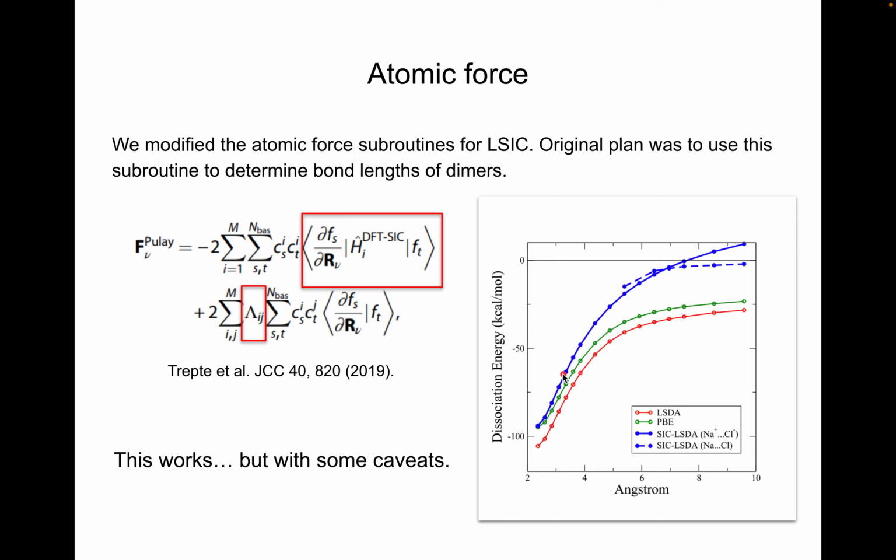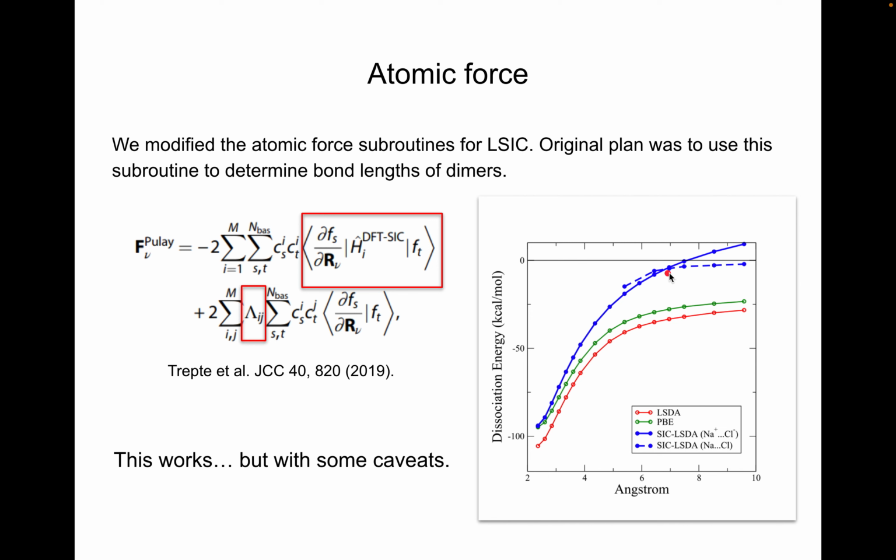And you can repeat the same thing, but instead now you can prepare the initial FOD as Na and Cl, and you can get this dashed line. So depending on how you prepare your initial FOD, you get those two different lines.